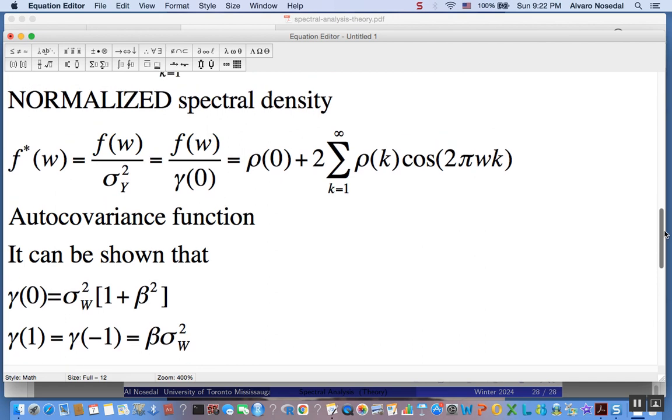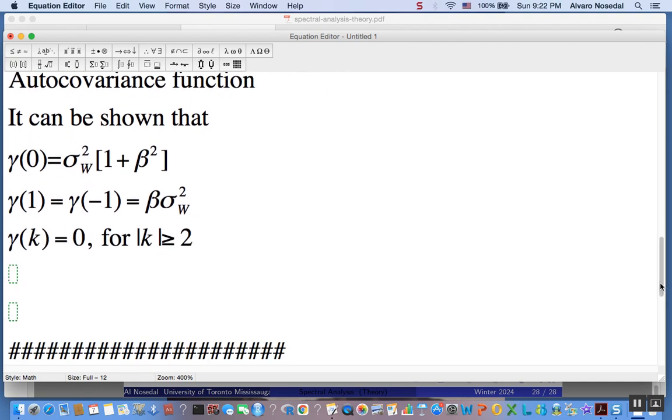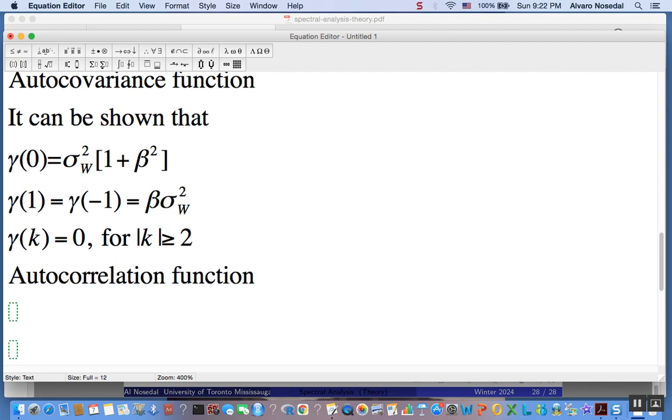But we know that the one that we want is the normalized spectral density. So we need the autocorrelation function. Since the autocorrelation function is just the autocovariance function divided by the autocovariance function evaluated at 0, that's the one we want.